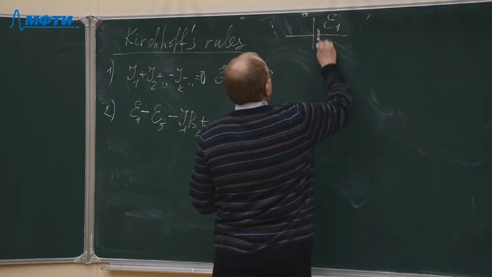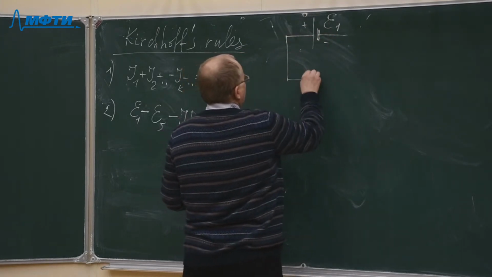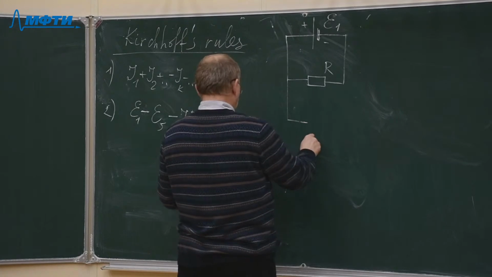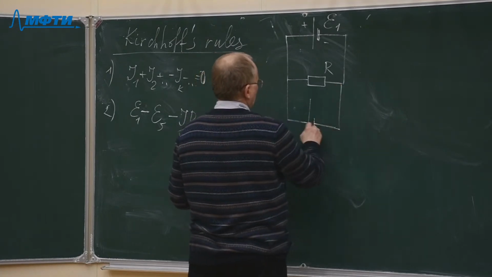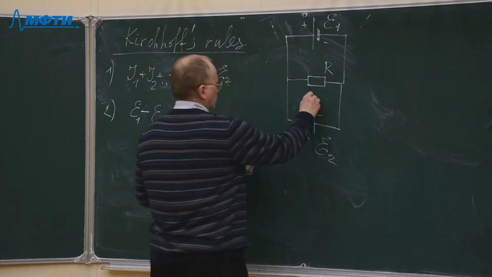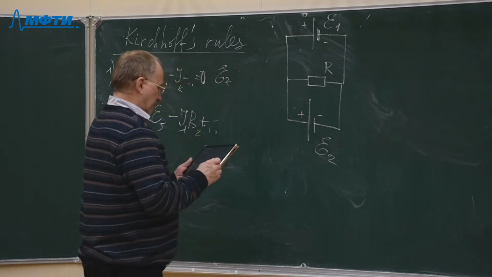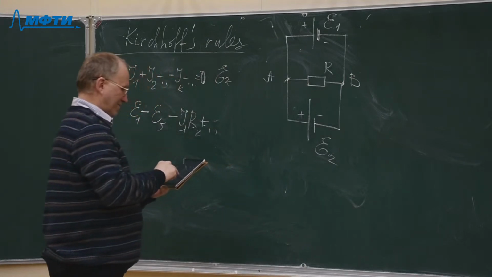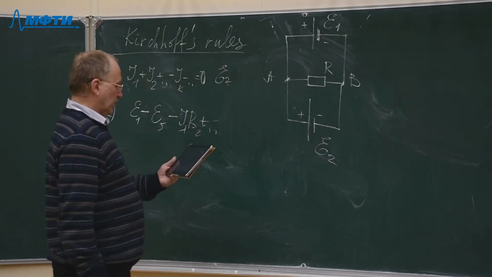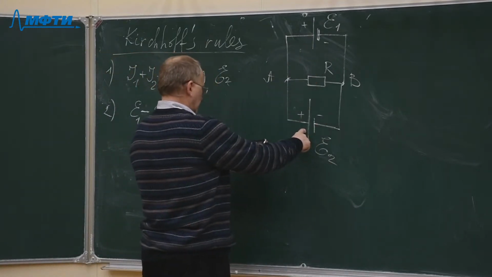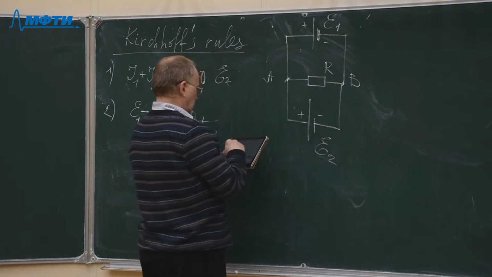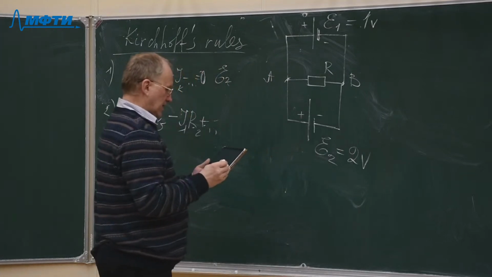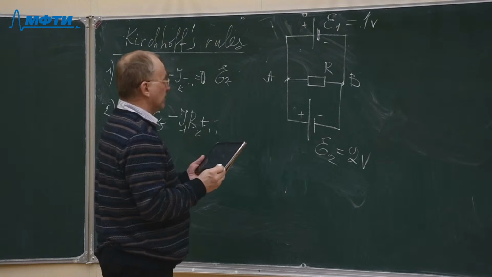EMF E1, the battery E1, the resistance R, and another battery, E2, the battery with electromotive force E2, and these are points A and B. So two cells or two batteries with electromotive forces E1 equals 1 volt and E2 equals 2 volts are connected as shown in this figure. The resistance R is given.